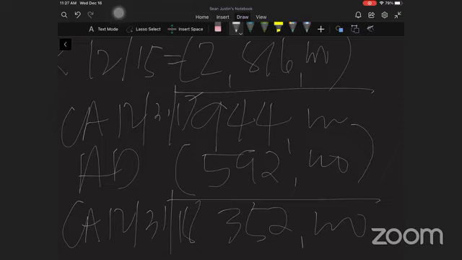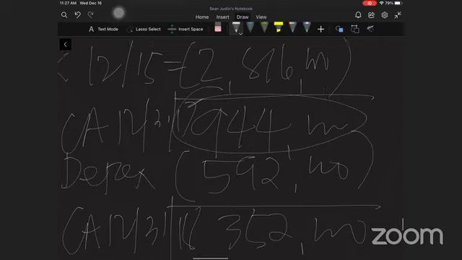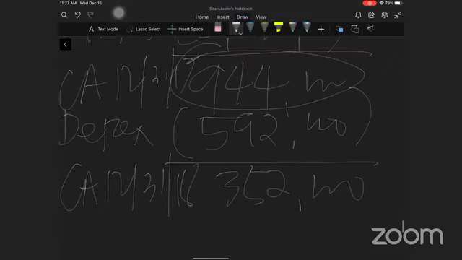That's wrong, this is not the accumulated depreciation. The 592,000 is your depreciation. You are already updated, since the accumulated depreciation for 3 years was 2,816. Therefore, for the current year 2018, what is your depreciation expense? That is 592,000.